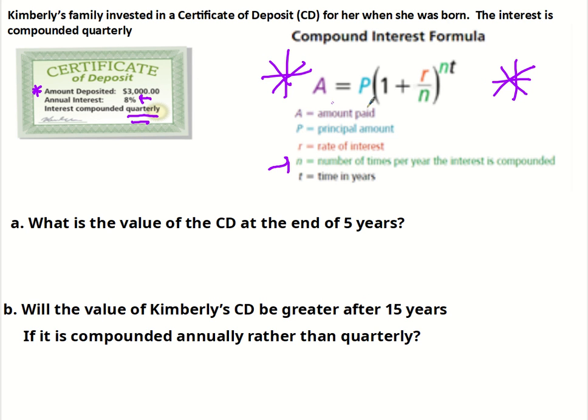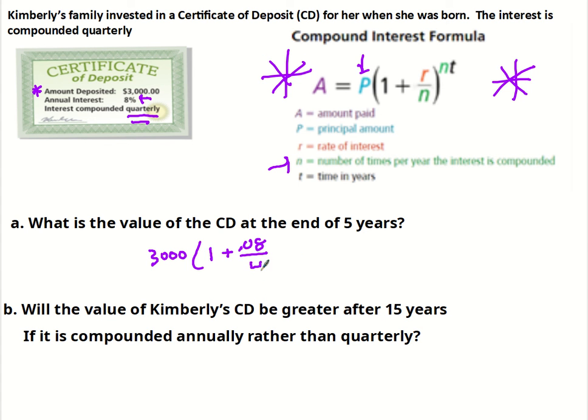So we're going to use our formula to figure out the value of this initial deposit at the end of 5 years. The amount deposited was $3,000. There's my principal. That's my initial amount, my starting point. So we have 3,000, times 1 plus whatever the rate is. Well, the rate was 8%, so that's 0.08, divided by how many times we are compounding it.